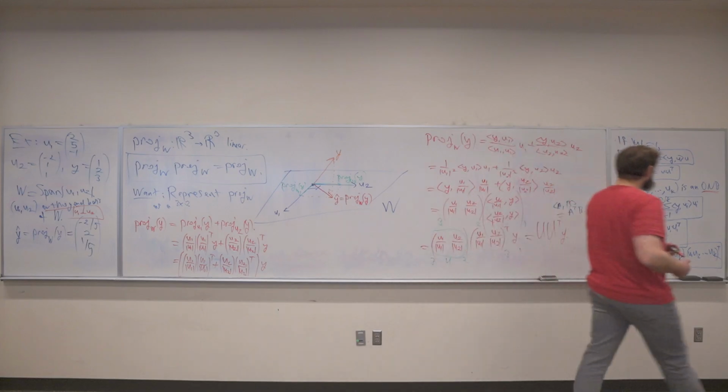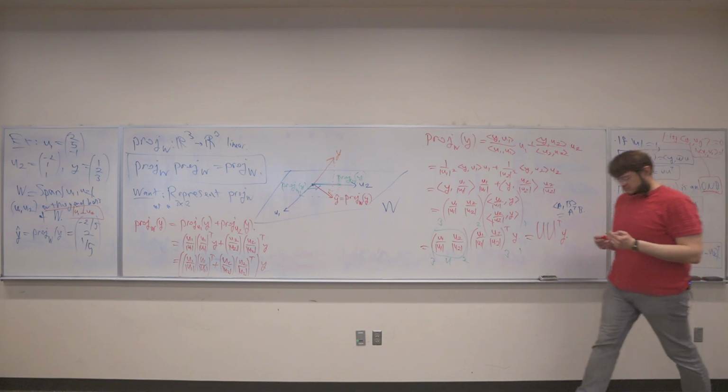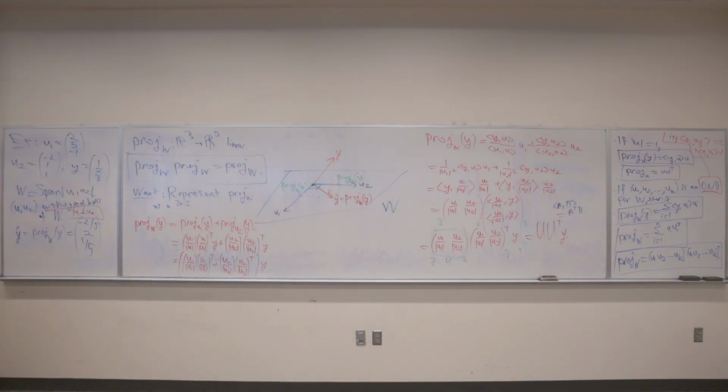ONB, orthonormal basis. So UI, UJ is 0, and UI, UI is 1, in this case, where I is not equal to J. Okay? You have to have an orthonormal basis.